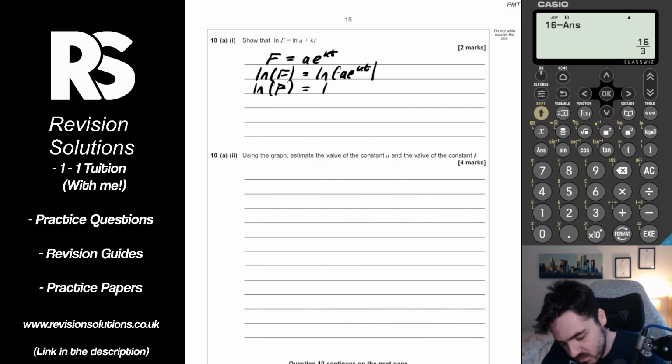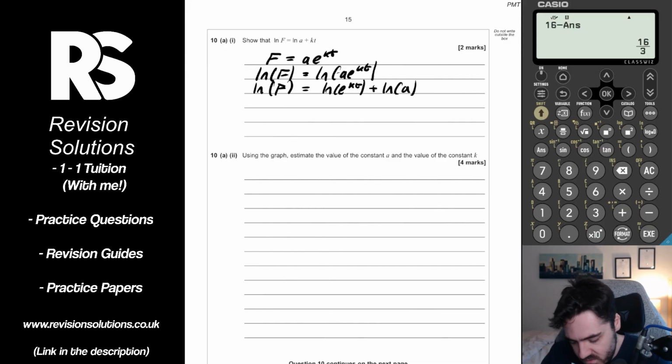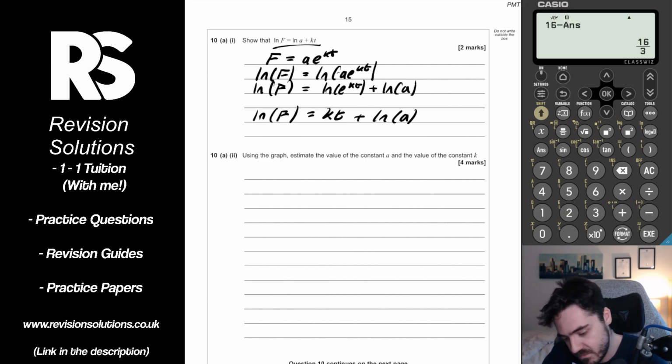That would be the natural log of e to the kt plus the natural log of a. And then we know that the natural log of an exponential, those two operations are inverses of each other, so they cancel each other out. We are left with natural log of f equals kt plus natural log of a, which is what they asked for, just written in a different order.